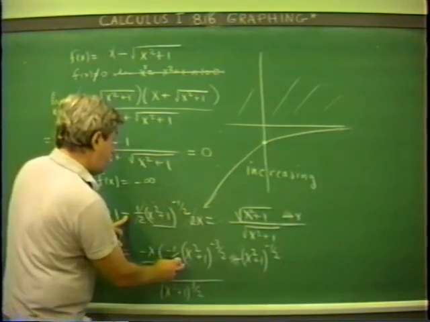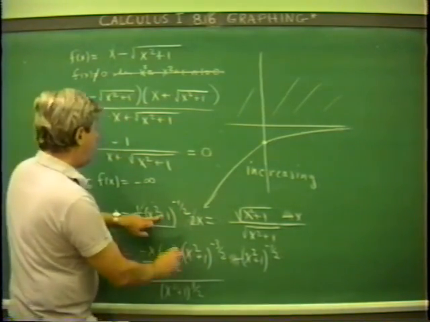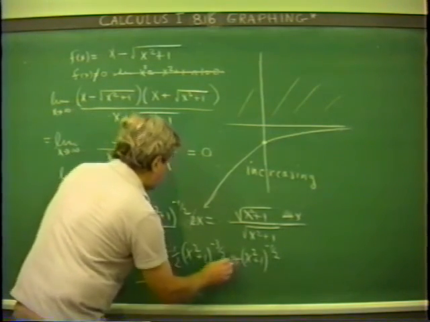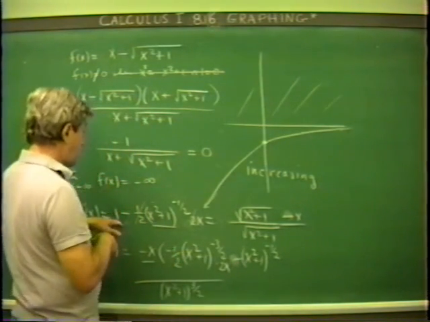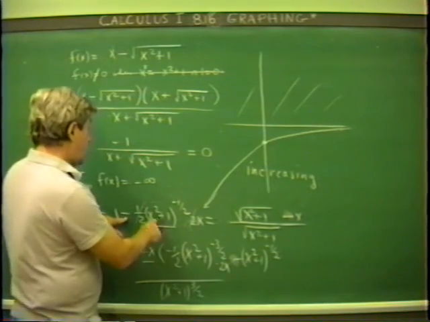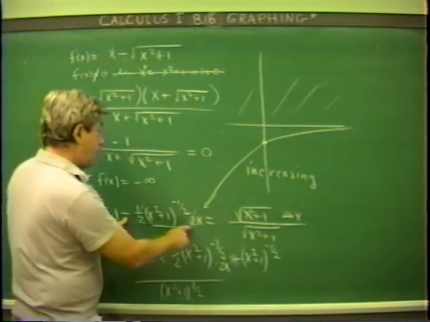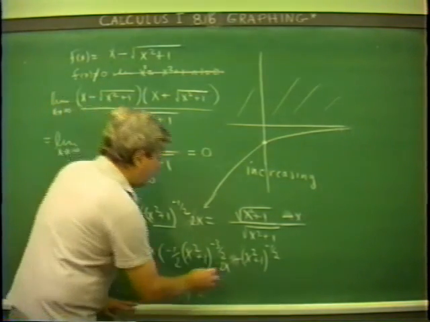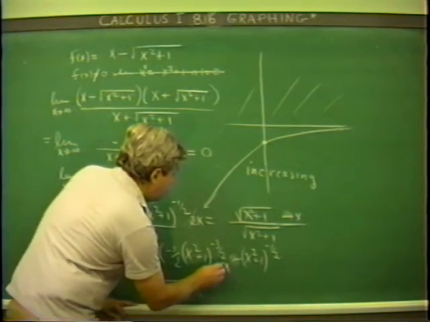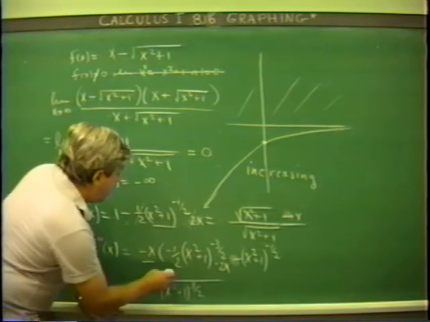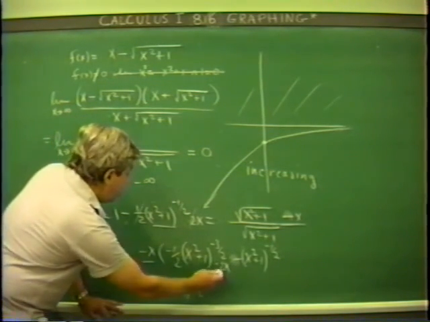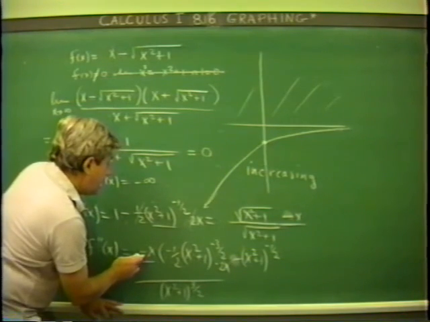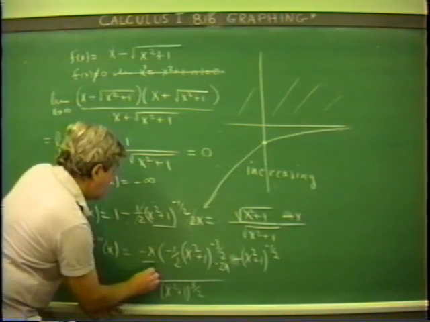I suppose we should check it here first of all. It's the first, minus x, times the derivative of the second, minus 1/2 x squared plus 1 to the minus 3/2 times 2x, plus the second, x squared plus 1 to the minus 1/2, times the derivative of minus x, which is minus 1. Okay, so we missed the 2x term here.